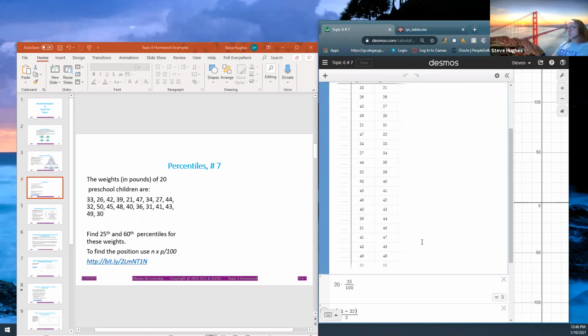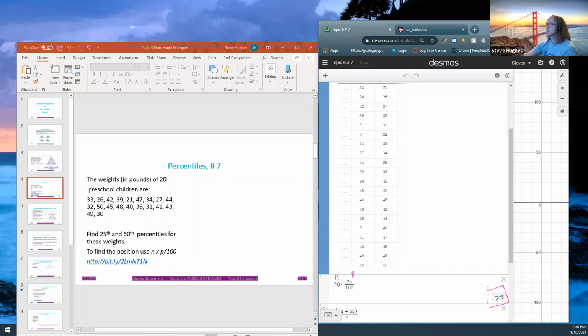Now I'm going to use the position function given to us as n times p divided by 100. So in my example here, you can see that n is 20. Here's n. Here's p, 25, and the value that I get returned to me here is 5, okay?